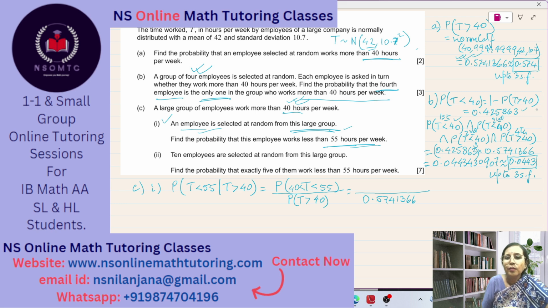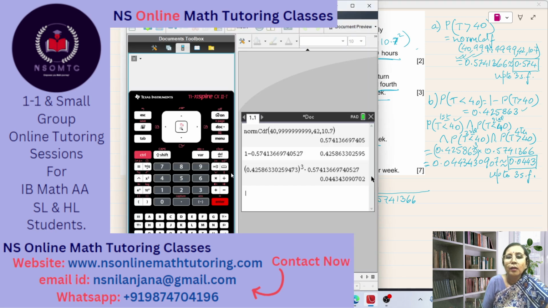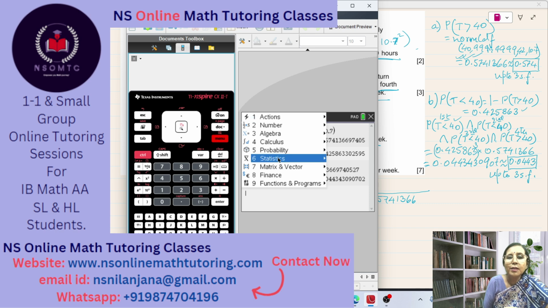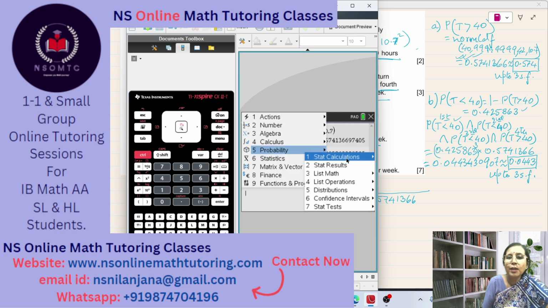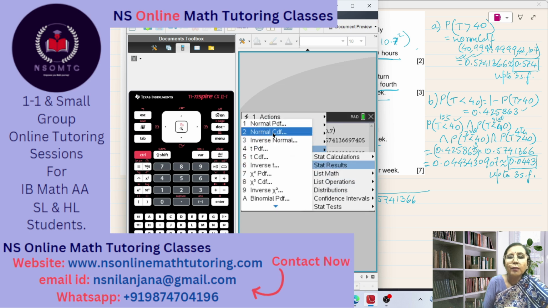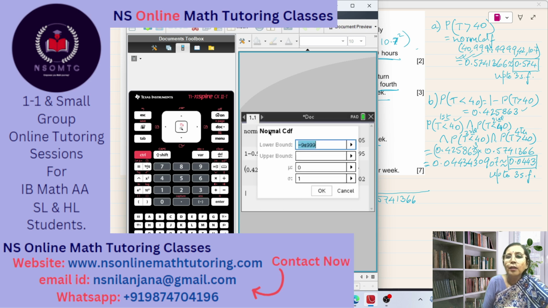So we go to menu, choose statistics, and then distribution. I come to normal CDF 40 to 55. So lower bound is 40, upper bound is 55, mean is 42, and the standard deviation is 10.7.